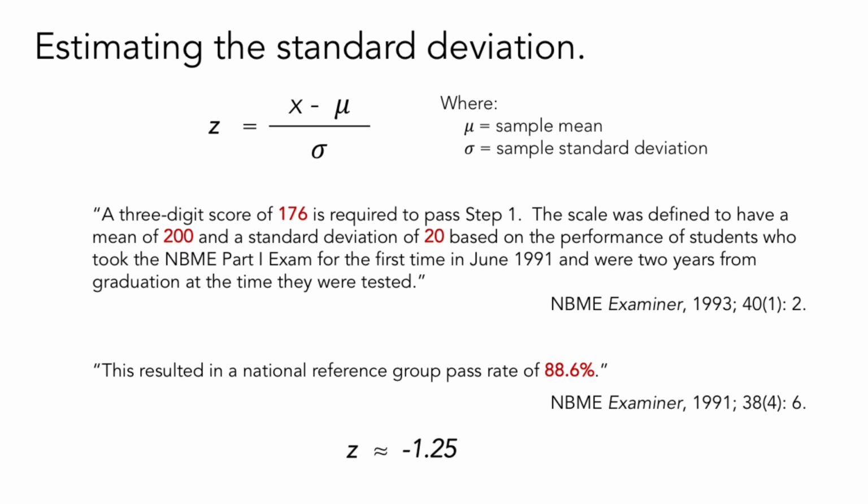And actually, the performance of examinees almost hit that perfectly. 88.6% of the reference group passed the exam, which would be almost exactly at a z-score of minus 1.25. And now, of course, because we know the z-score and we know mu, it's a simple matter of arithmetic to calculate sigma.